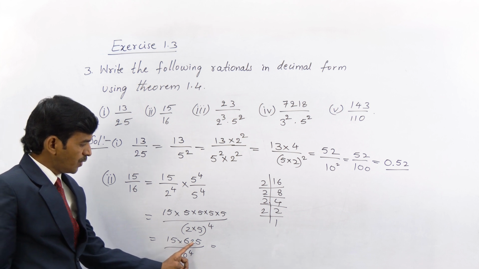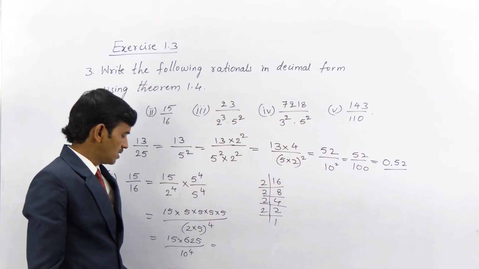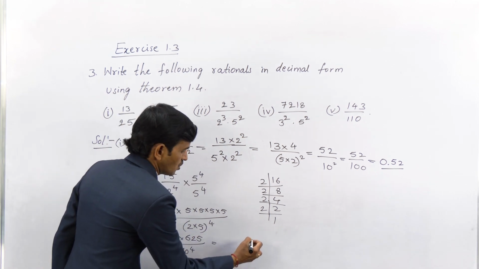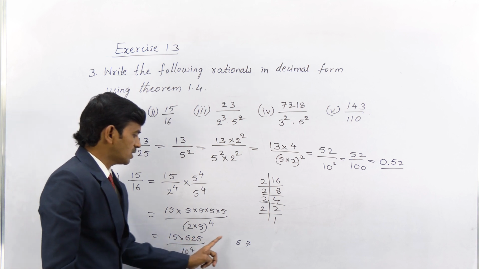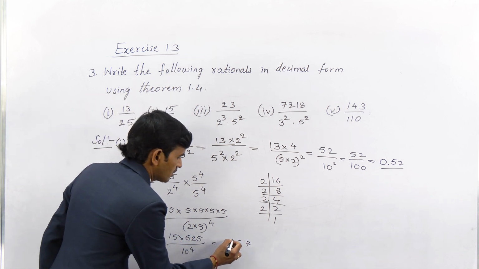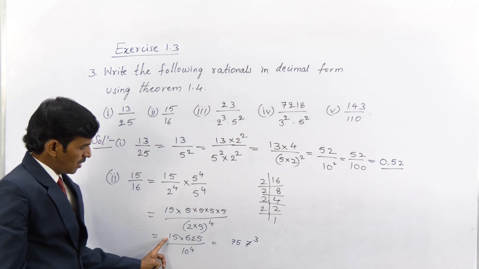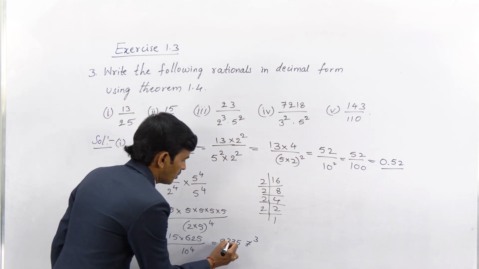Now multiply with 15 in the numerator. 15 5s are 75, so 7 to be carried, 5 here. 15 2s are 30 plus 7, 37, 3 should be carried to the next place. 15 6s are 90 plus 3, it is 93.